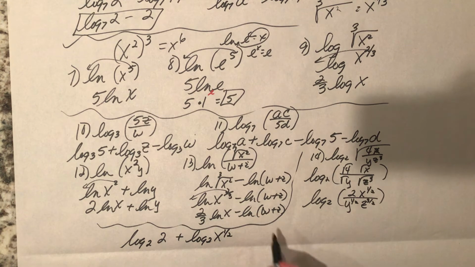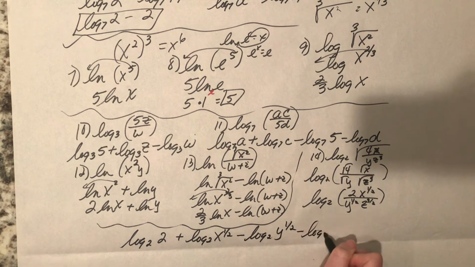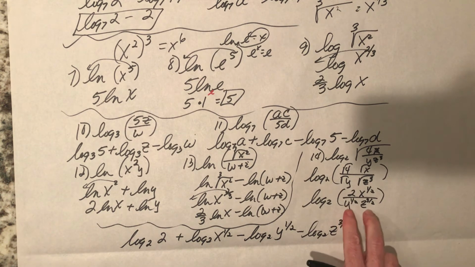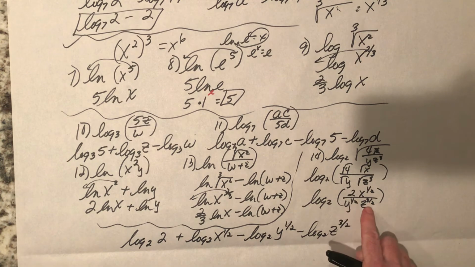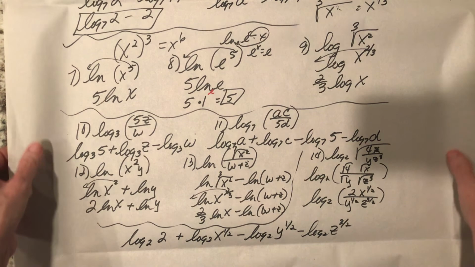Then we're going to the denominator, so we're going to begin subtracting, minus log base 2 of y to the 1/2 minus log base 2 of z to the 3/2. And this is subtract. You might say, well, these two are multiplied together, but it's a subtraction piece because it's in the denominator. So if it's in the denominator, you want to be subtracting them. It's just memorize it. That's how it goes. Let me raise this up a bit.